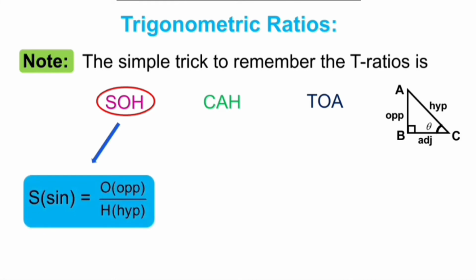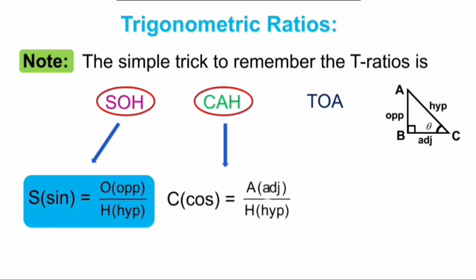Finally, sine is always equal to opposite by hypotenuse. Next, CAH: here C stands for cos, A stands for adjacent and H stands for hypotenuse.